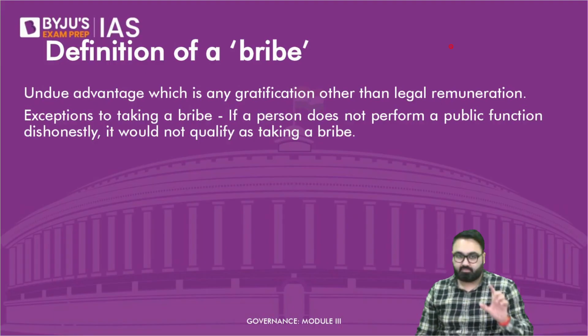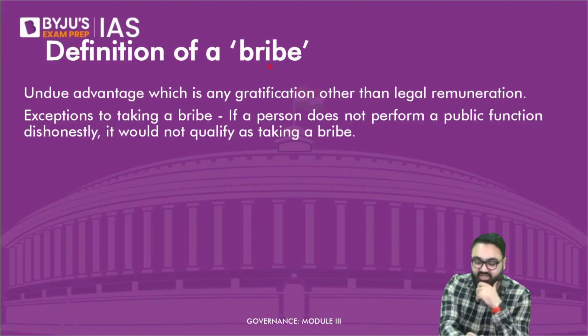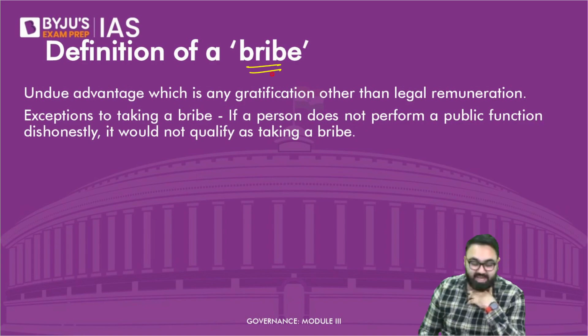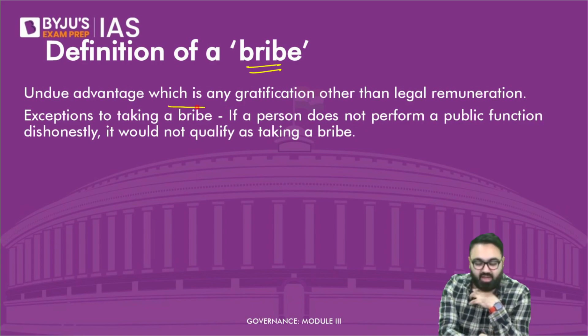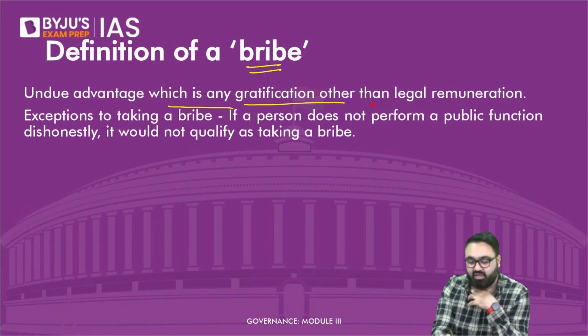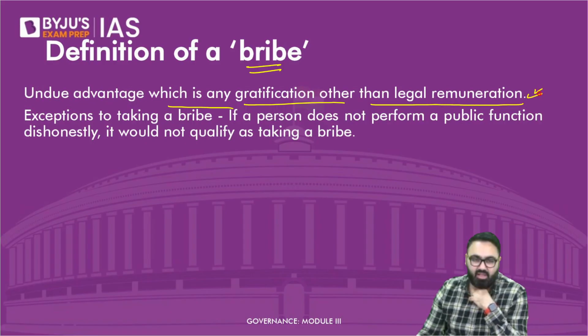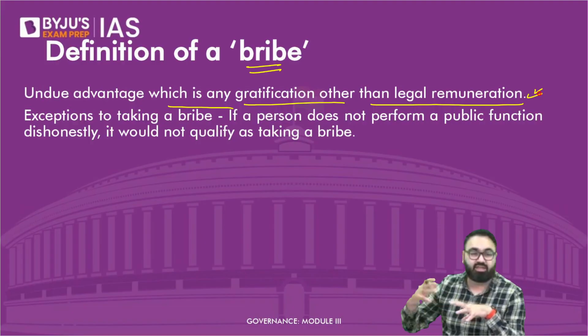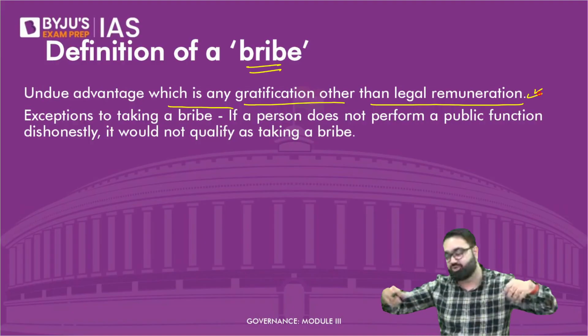The first change was in the definition of the word bribe. They said undue advantage, any gratification other than legal remuneration, will be called a bribe. Earlier, people thought only if money is exchanged, like a briefcase full of cash, that would be called a bribe.